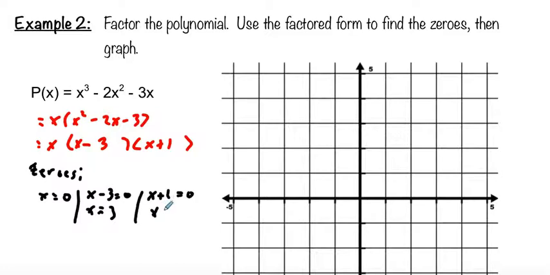Here I just subtract 1, and I get -1. Notice there's no squares on any of these terms in the factored form there. They're all singles, so they don't have any multiplicity. So now let's go ahead and graph those out. So 0, and then 3, 1, 2, 3, and then a -1.